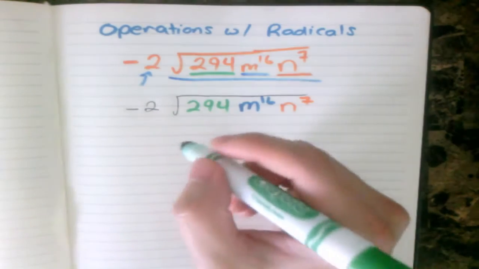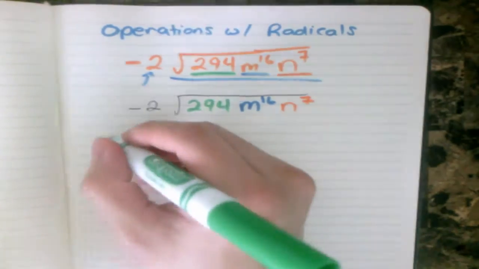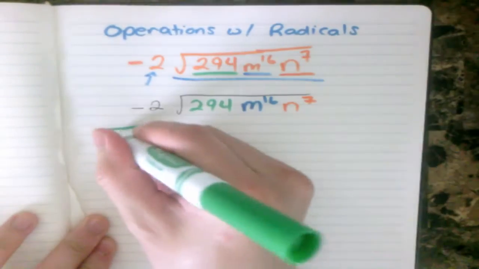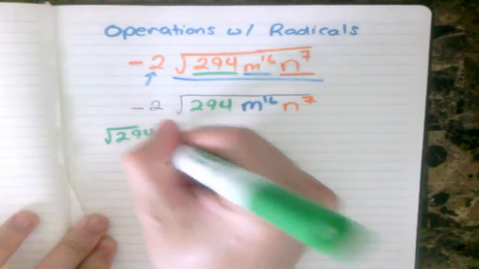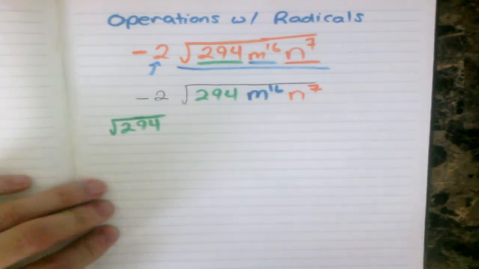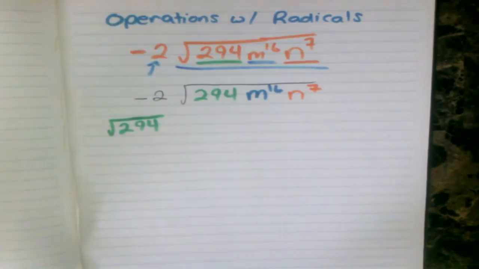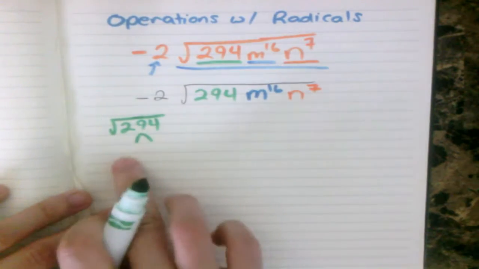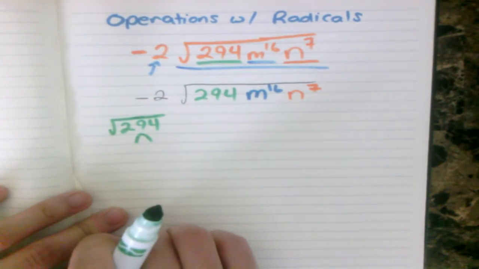If you remember properly, to take the square root of a number, you have to make your little factor tree. If we're simplifying by hand, without a calculator, we have to do this with a factor tree. You just have to name some numbers that go into 294.